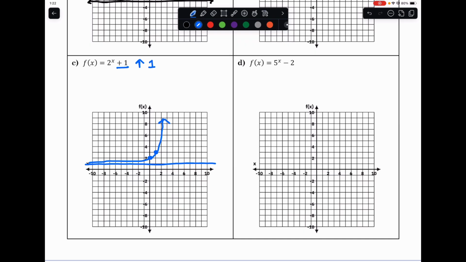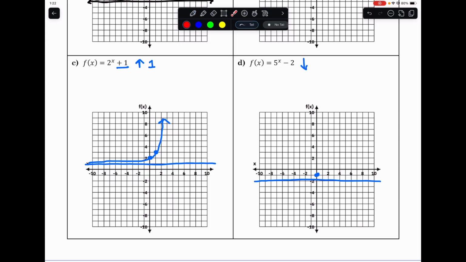And for 5^x minus 2, that's going to shift the graph 2 units down. So that's going to put the horizontal asymptote here at negative 2. And the y-intercept of (0, 1) is going to move down 2 units to the location of (0, -1).